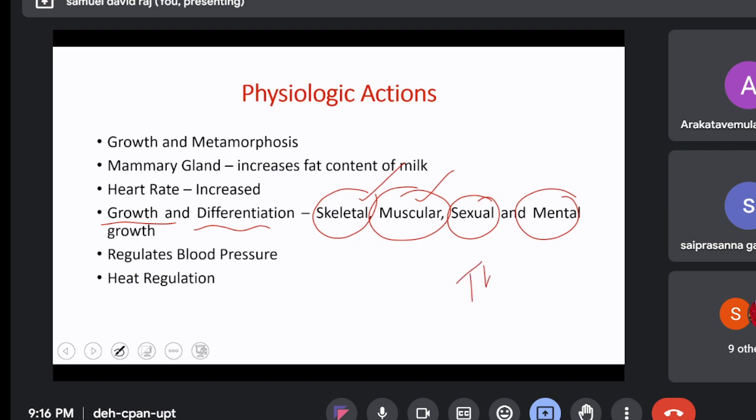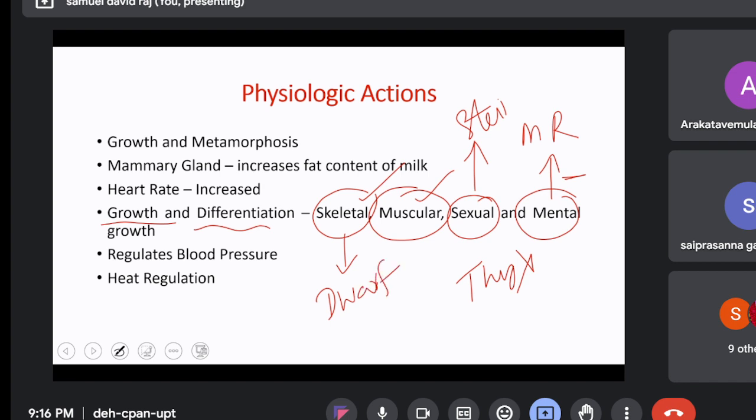Thus, when thyroxine is not secreted, that person's mental growth is stopped and it results in mental retardation. That person's sexual growth is stopped and it results in sterility. And that person's skeletal growth is stopped and he or she becomes a dwarf.